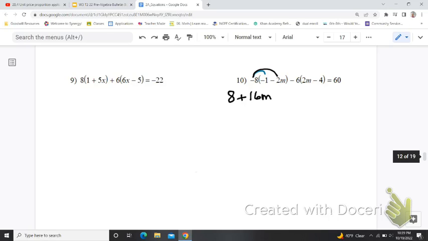Negative 6, think of this sign being part of the 6, part of the same term. Negative 6 times 2m, negative 12m. And then negative 6 times negative 4, positive 24, is equal to 60.